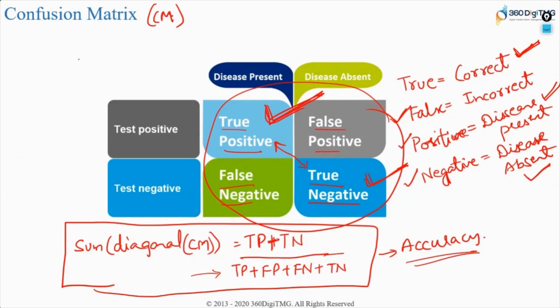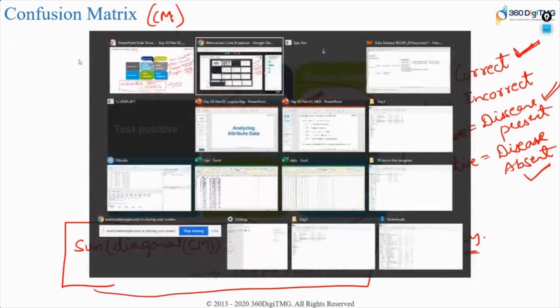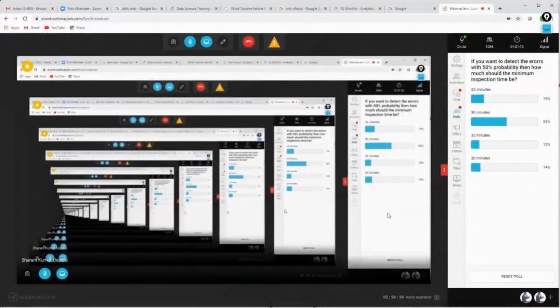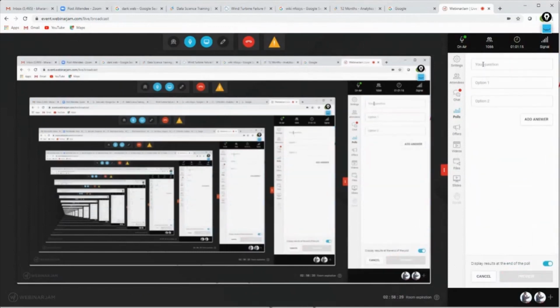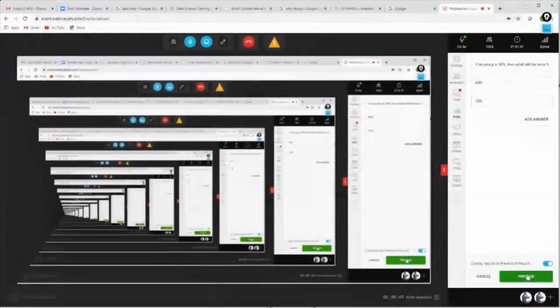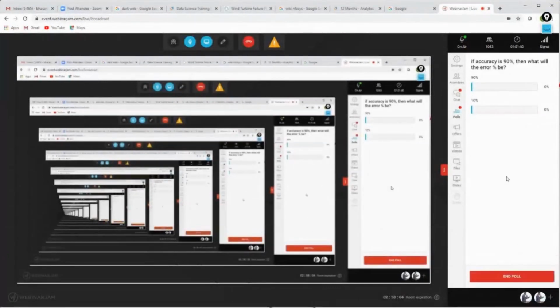If I say accuracy is 90%, then what will be the error? Let me give a poll quickly here. If accuracy is 90%, then what will the error percentage be? 90% or 10%?